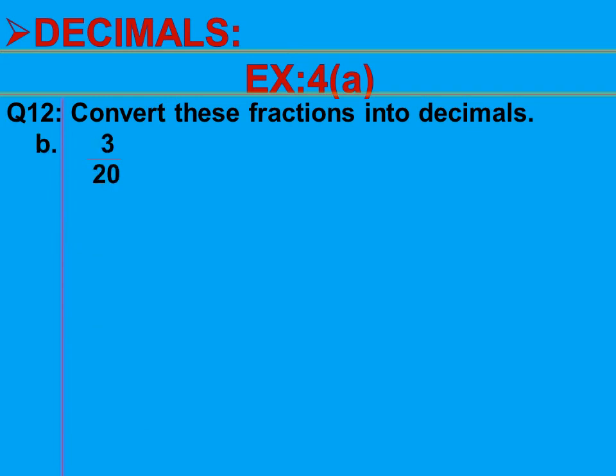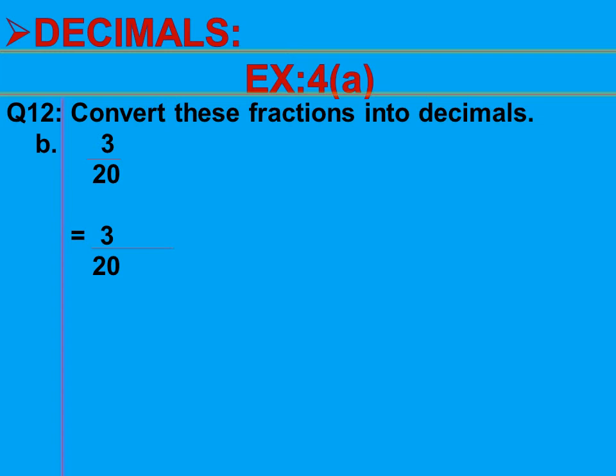Now we will move to the next part, that is part B, 3 by 20. Now dear students, we have to make the denominator 10 or a multiple of 10. We have 20 in the denominator and we have to make it 10 or a multiple of 10, that is 100 or 1000.